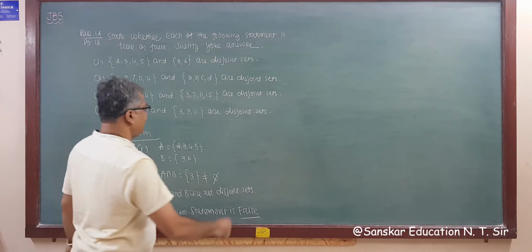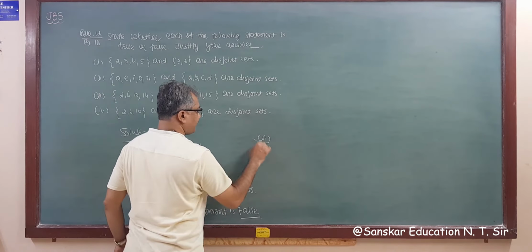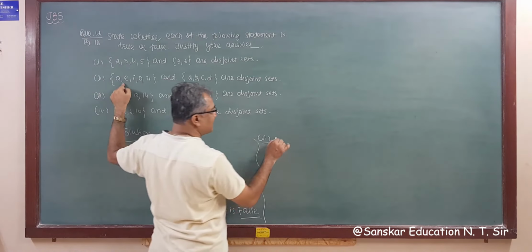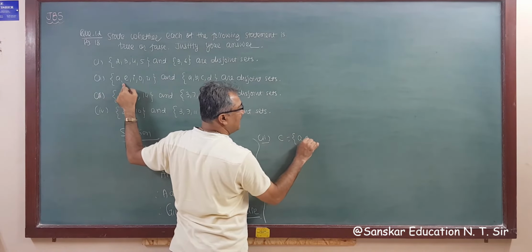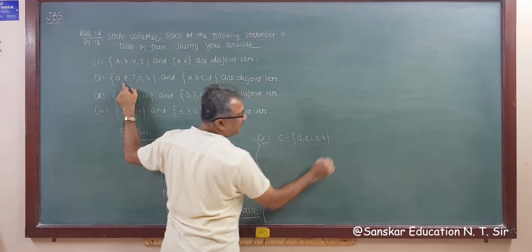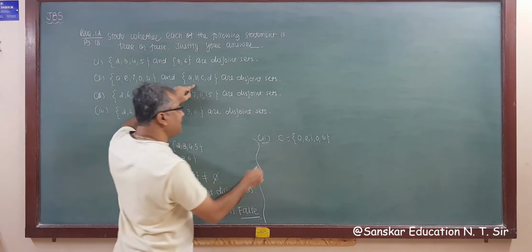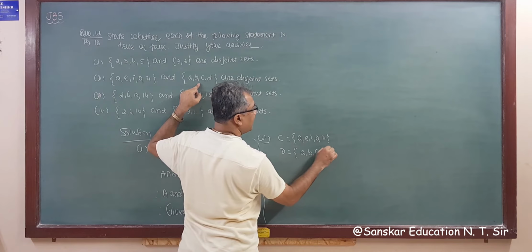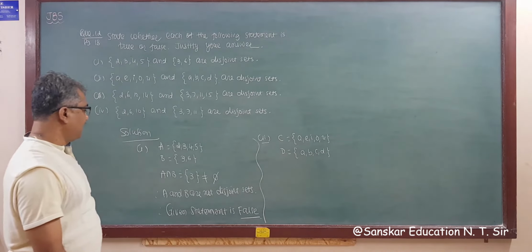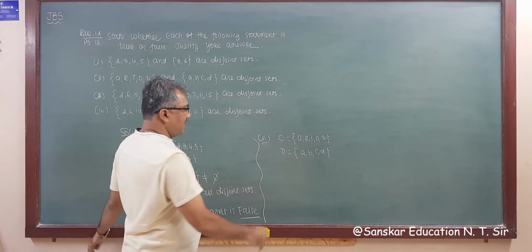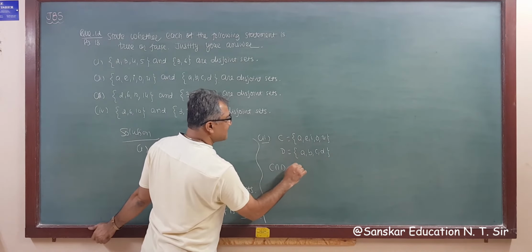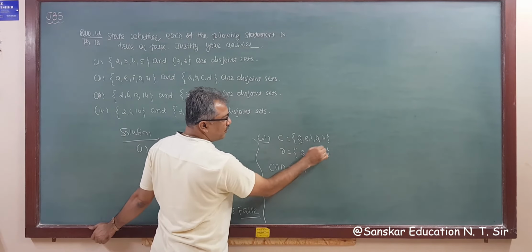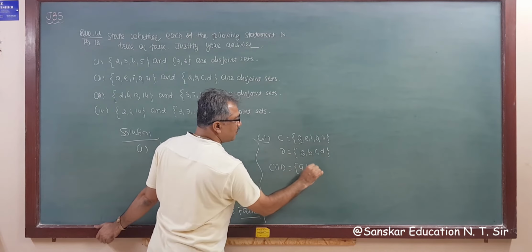Right? Now second, this is A, E, I, O, U. Suppose this is a set C. Set C is A, E, I, O, U, that is all vowels, right? And D, I am taking D, is equal to A, B, C, D. Right? Now, C intersection D. A is common. So A, E, no; I, no; O, no; U, no. So we get A, which is not equal to the empty set.